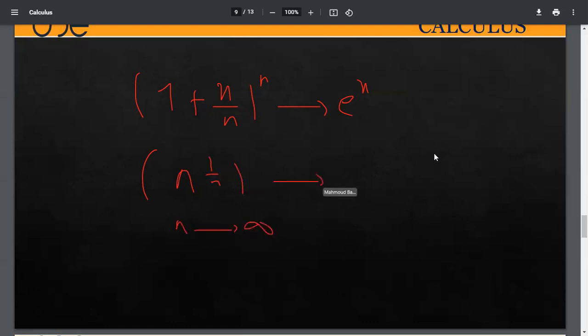And whenever I have 1 plus x over n power n, this goes to e power x, and whenever I have n power 1 over n, as n tends to infinity, this tends to 1. So these are two main rules to evaluate the limit of a sequence at infinity.